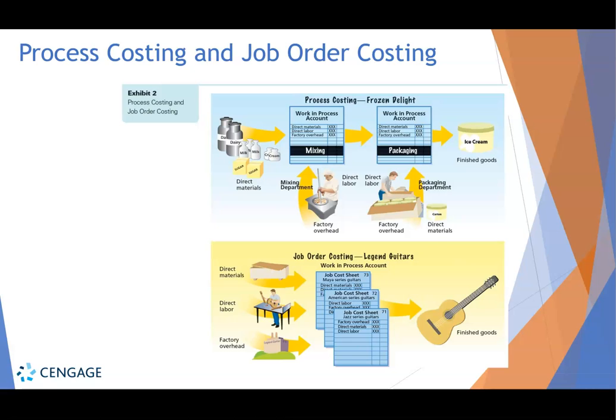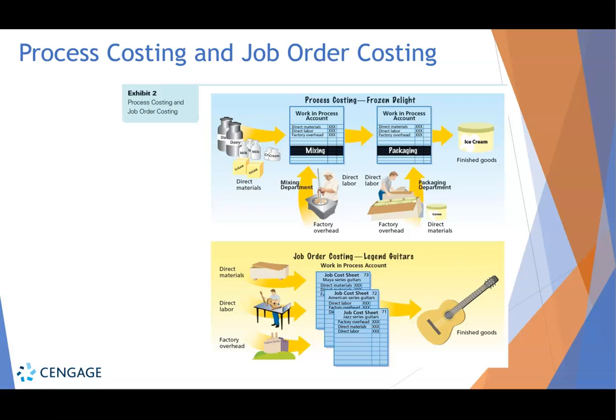They will possibly make 5 of one specific kind of guitar and a few of another kind of guitar, but they keep the cost calculated by the job. So you see the direct materials, the direct labor, and the factory overhead go into each of the jobs, and they keep those costs uniquely tied with a job.